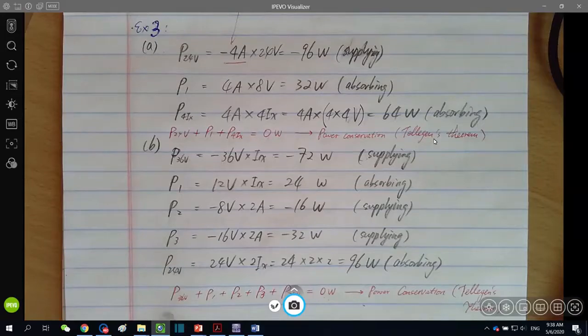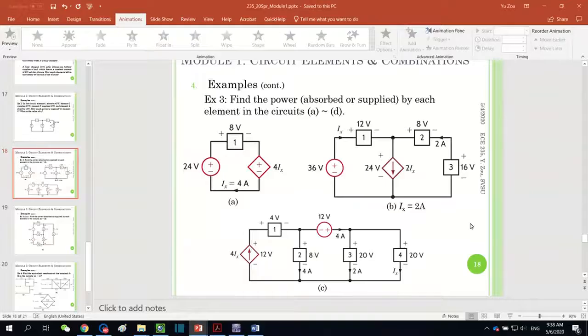And if you verify these results by the power conservation theorem, you will see that summing them up ends up with 0 watts. Perfect sense. Now you want to pause the video and try circuits B and C. And be careful, in circuit B the Ix is given as 2 amperes.